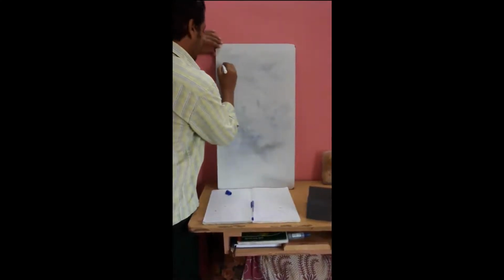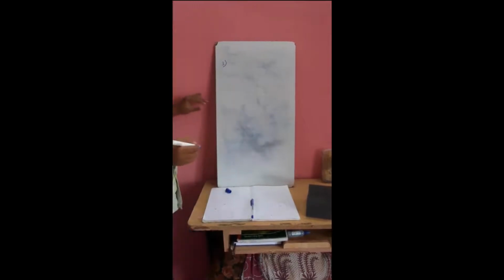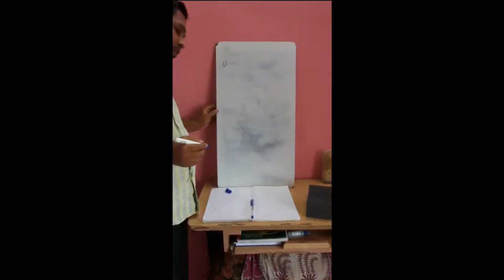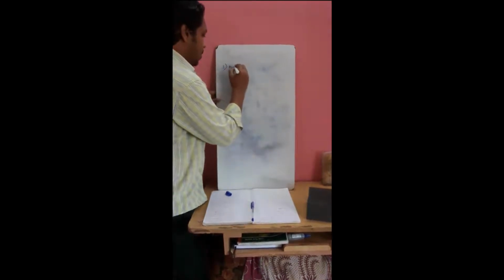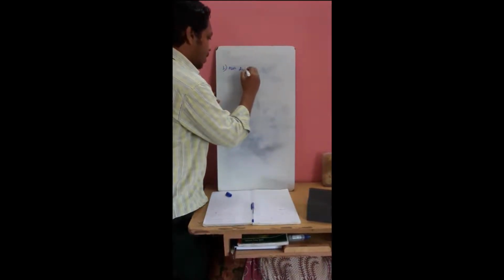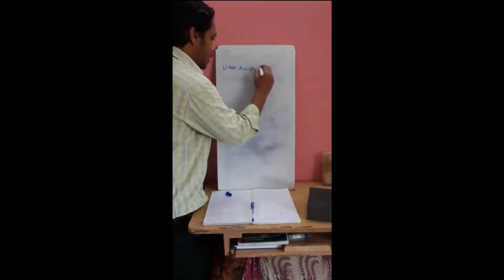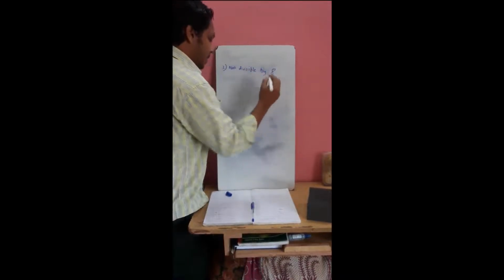Now, the problem which we are going to solve is: which of the following is not divisible by 8?